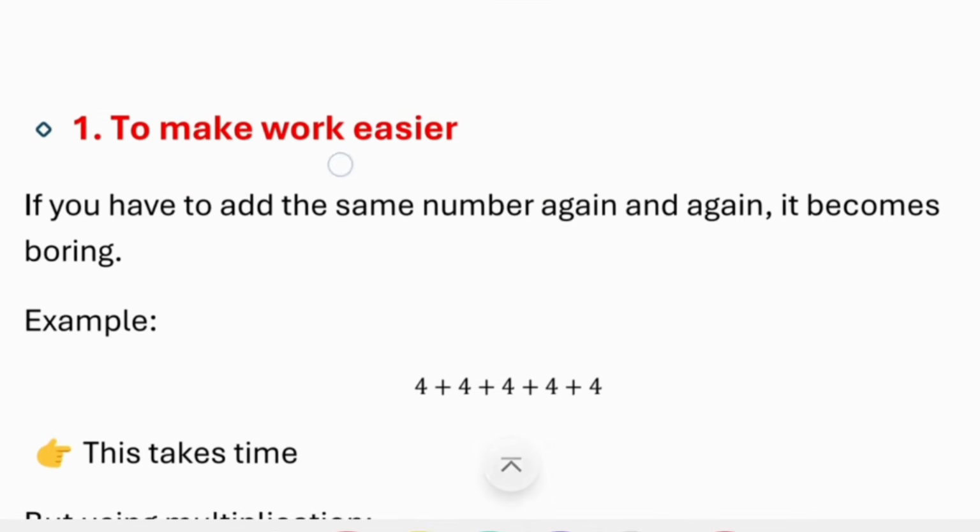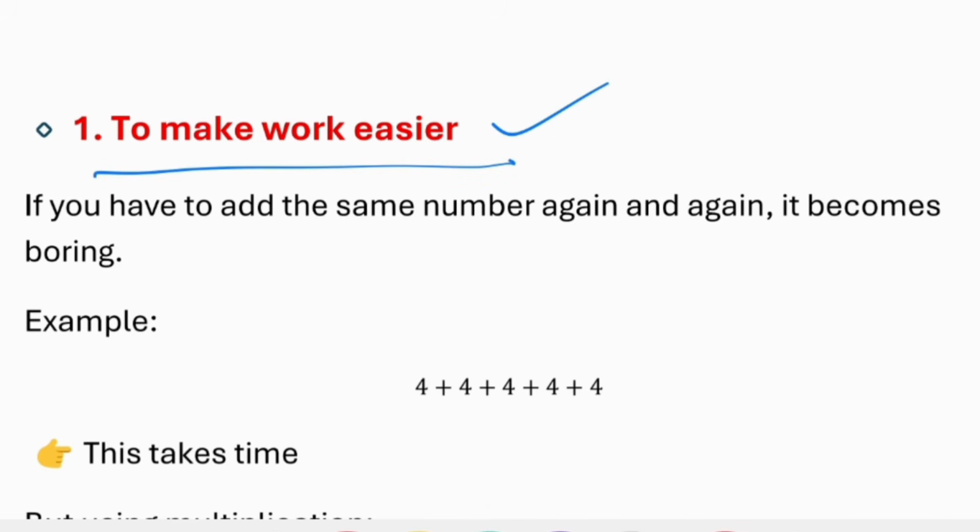The first one is to make our work easier. If you want to add the same number again and again, it's a time-taking process and difficult to add every time.